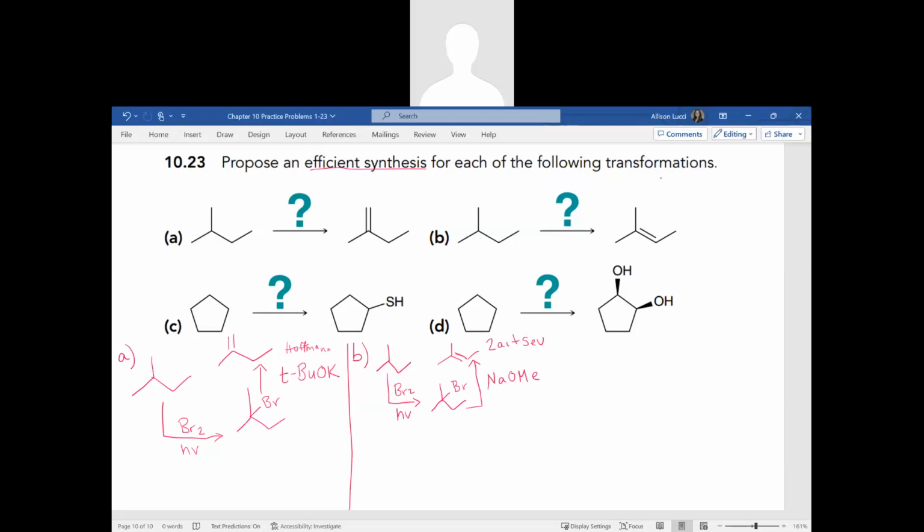When we get to C here, now we have to take our cyclic alkane. So we have our cyclopentane as our starting material. And we want to create the substituted ring with a thiol group here.